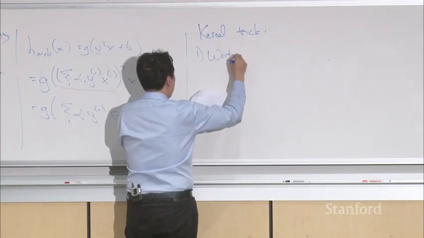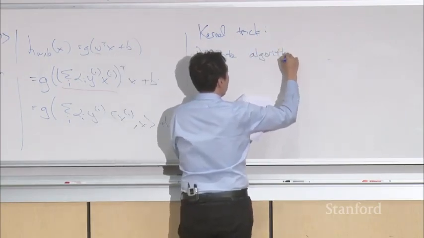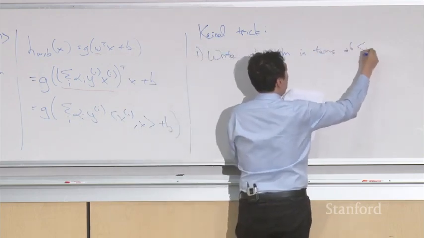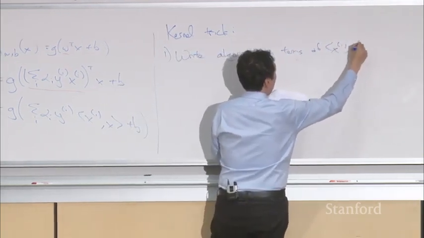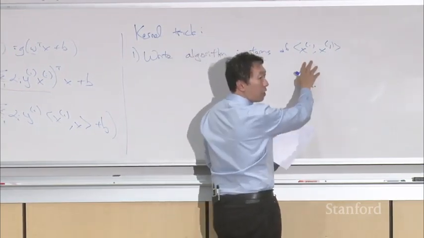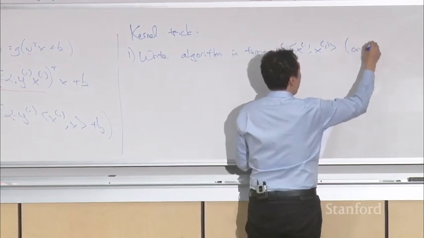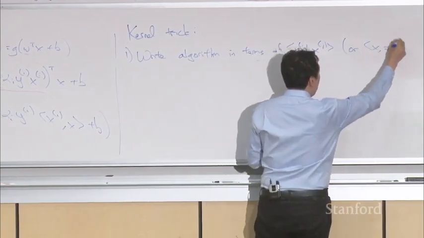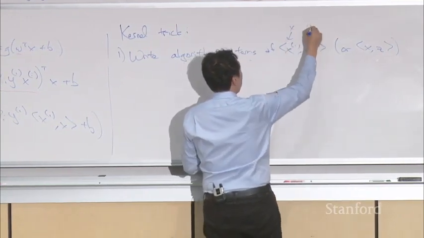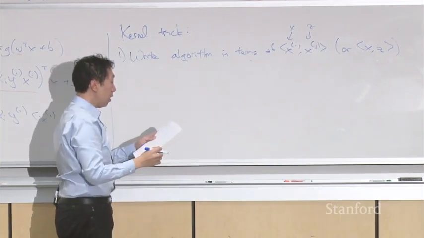Step one is write your whole algorithm in terms of inner products between xi and xj. And instead of carrying the superscripts, I'm sometimes going to write the inner product between x and z, where x and z are proxies for two different training examples, xi and xj, which simplifies the notation a little bit.